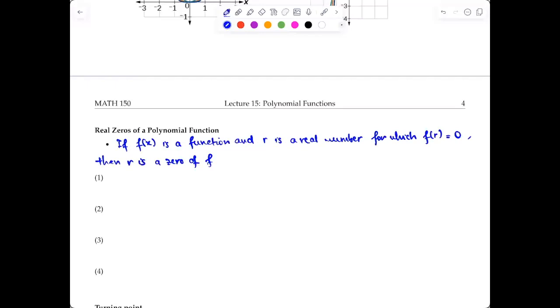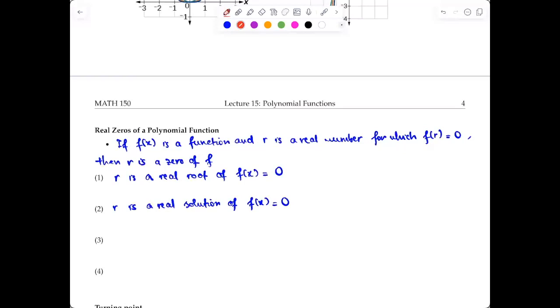So not only do they have the name zero, there are other names as well. r is the real root of the function, of the equation. r is an intercept or the solution of the equation. So there are all these names. r is a real root of the equation f of x equal to 0. r is a real solution of the equation f of x equal to 0.